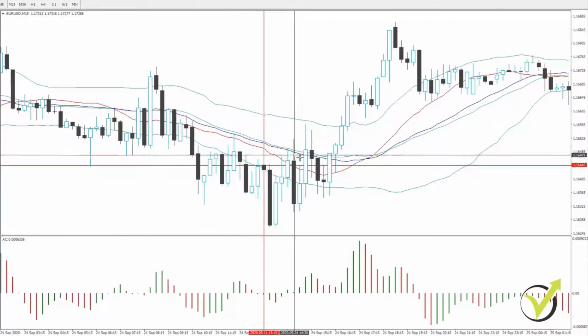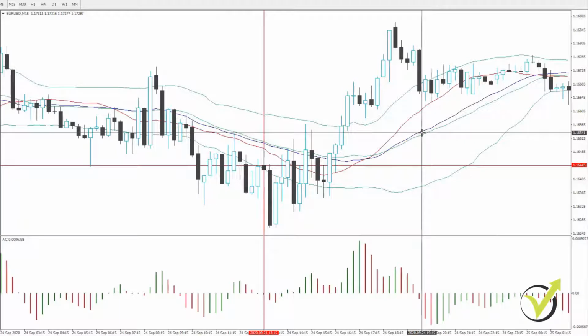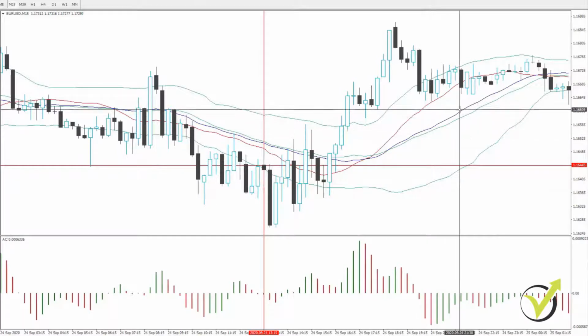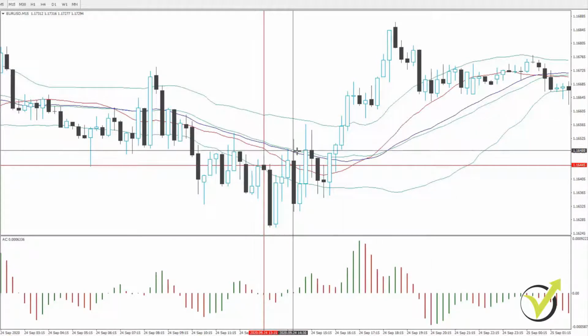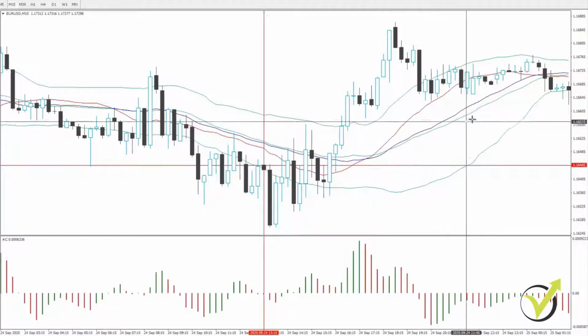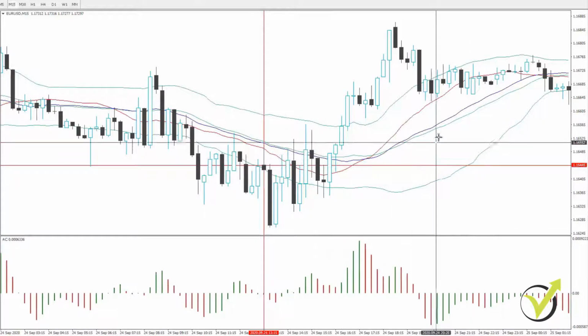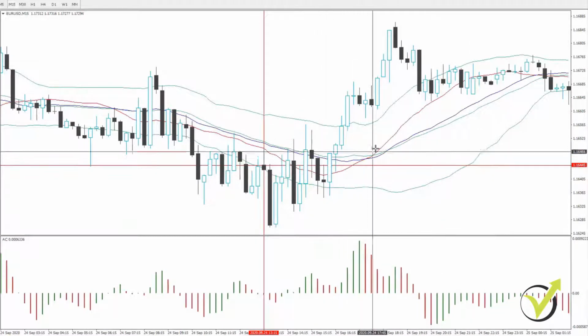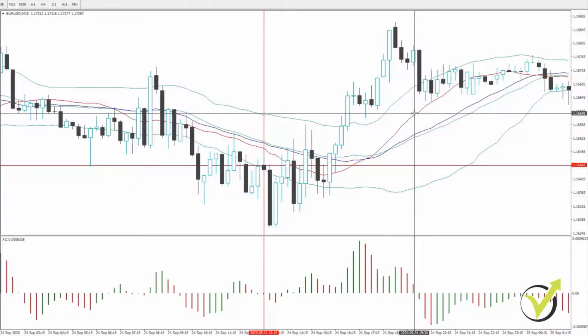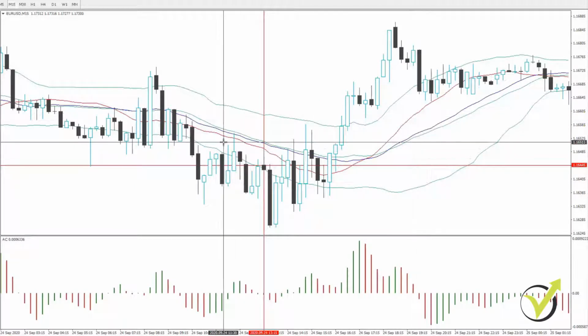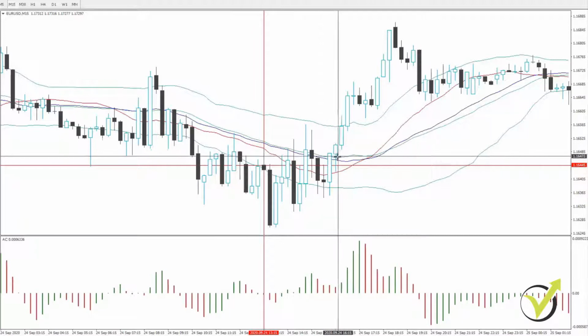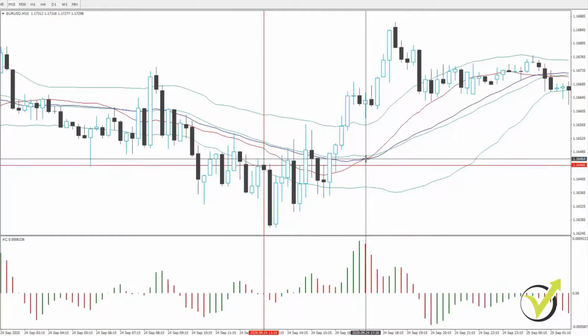And now since the blue line is the slower moving average with a bigger period, you can see that it changes its direction later than the red moving average, which has the period of 22. And because their parameters are different, you can see that they cross.